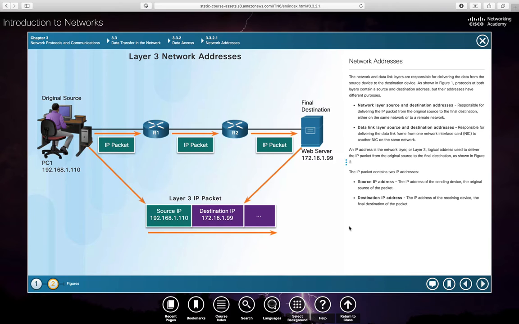One thing that I don't think we've mentioned is IP version 4. The IP address in the packet is actually 32 ones and zeros. A byte is 8 bits. That means a 32-bit IP address takes up 4 bytes.